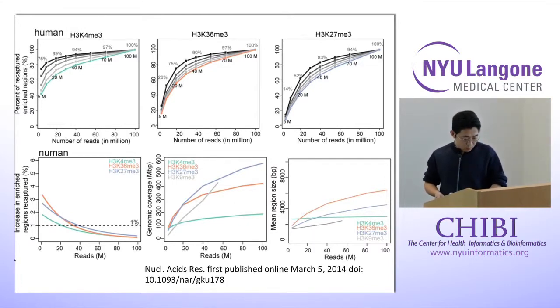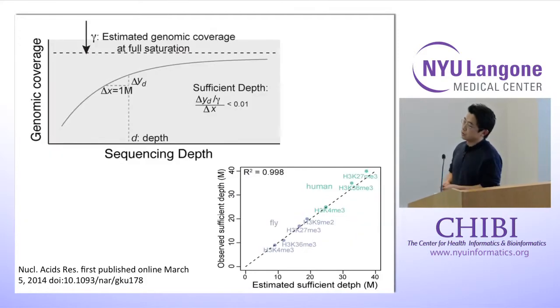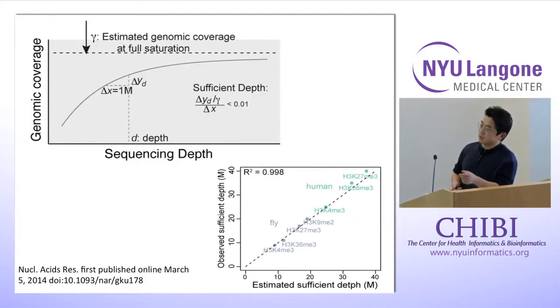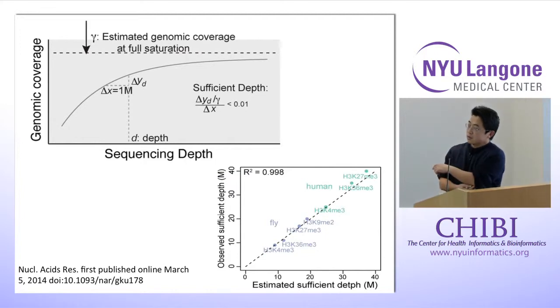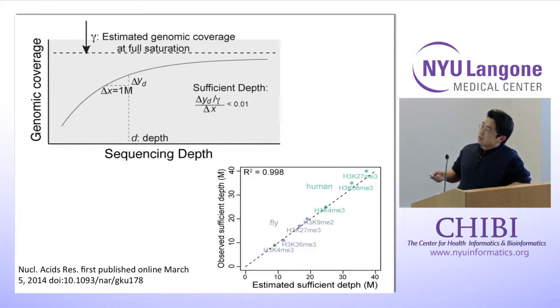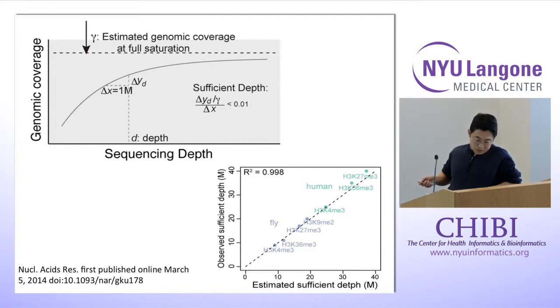So when we do the simulation, you generate the curve for the increased number of reads and the correlation coefficient. You can use that type of curve to do this theoretical prediction to see how many reads you need for certain experiments.